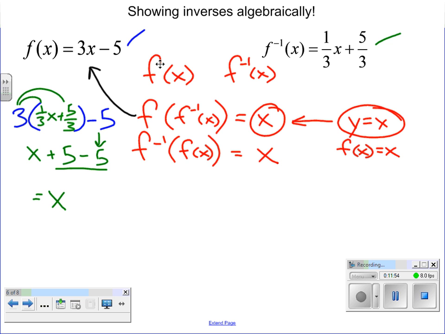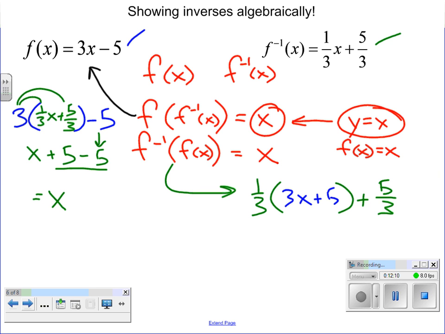Okay? So the inverse nested into the original function cancels out. Let's take a look over here on this way. So now on this side, I'm going to start with the inverse, 1/3 of input plus 5/3. And I'm going to input the original equation of 3x plus 5. All right, so let's take a look at what happens. Well, 1/3 times 3x is just x. 1/3 times 5 is 5/3.